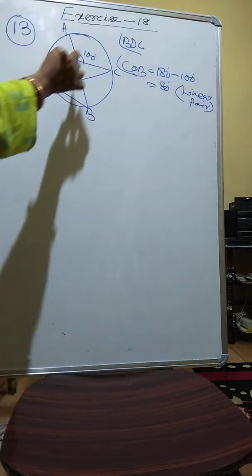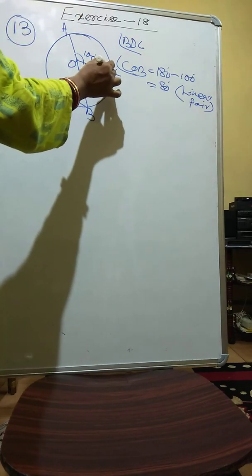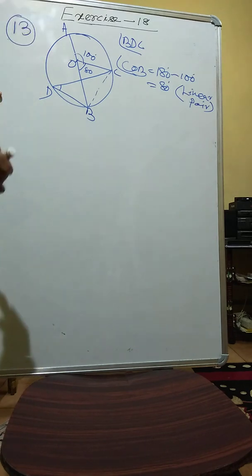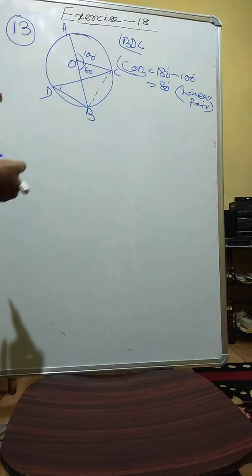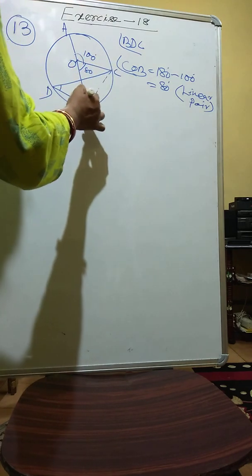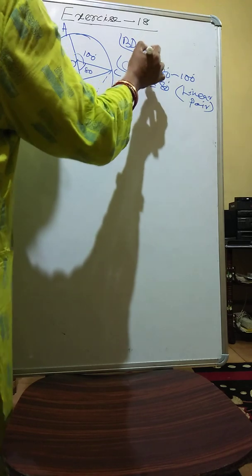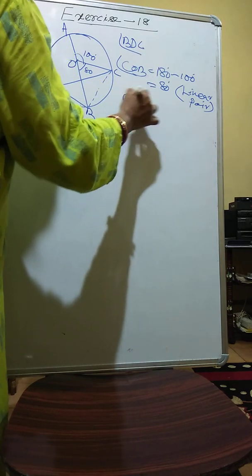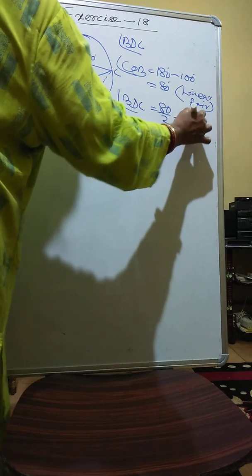You got 80 degrees. Now imagine if I join this, this is a center angle and this is a circumference angle. So I'll write angle BDC is 80 by 2, 40 degrees.